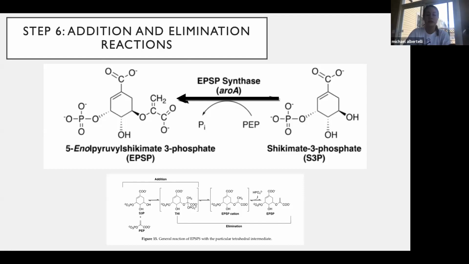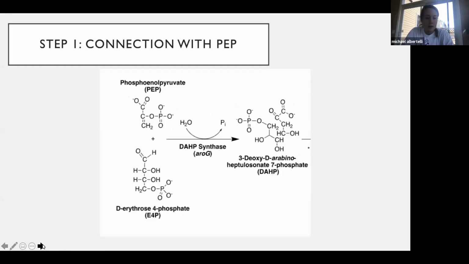What's interesting about this step is PEP is also involved in the first step of the reaction, the aldol condensation reaction where PEP and E4P react to form DAHP. That molecule binds with the enzyme, so you can create multiple inhibitors that will inhibit the pathway in multiple areas.